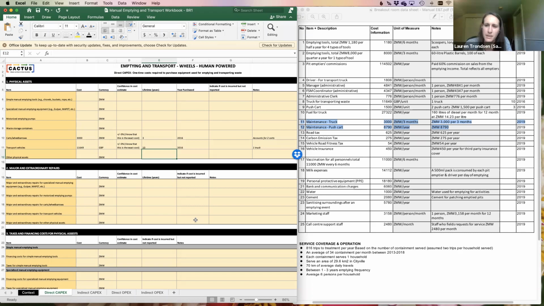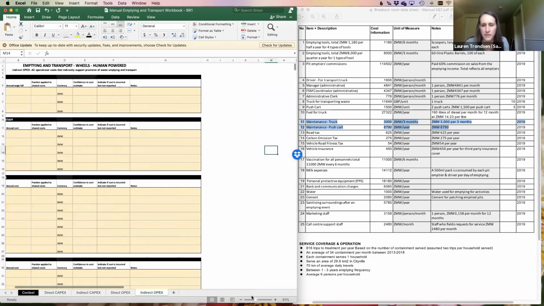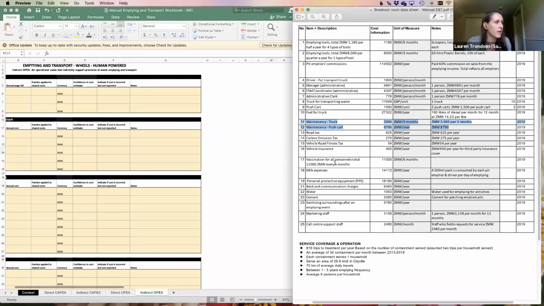Can I take a first stab at that, Tristano, and then you can jump in. I think what you're asking about is these indirect costs. As far as program management, we do ask for indirect costs that might be office staff, if you have an administrative office. If you had an office with a call center and someone fielding customer calls, that kind of administrative support you would want to include.